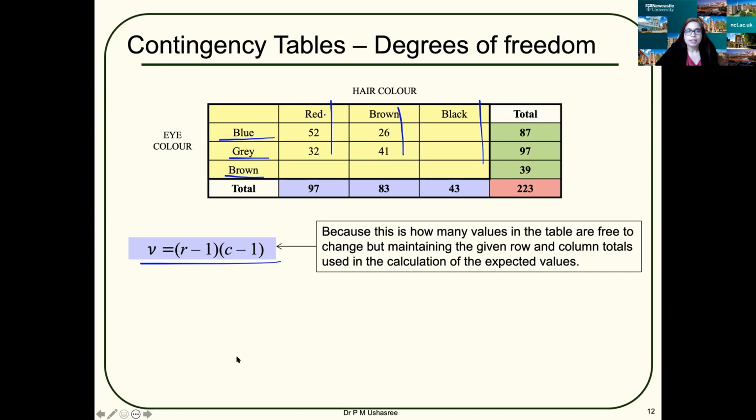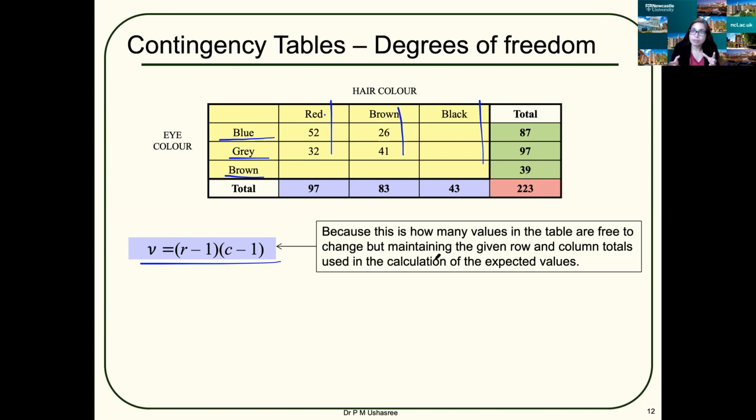Again, you can understand the formula exactly the way we have understood it for hypothesis testing. That is, how many values in the table are free to change, just like we did that example in the seminar.